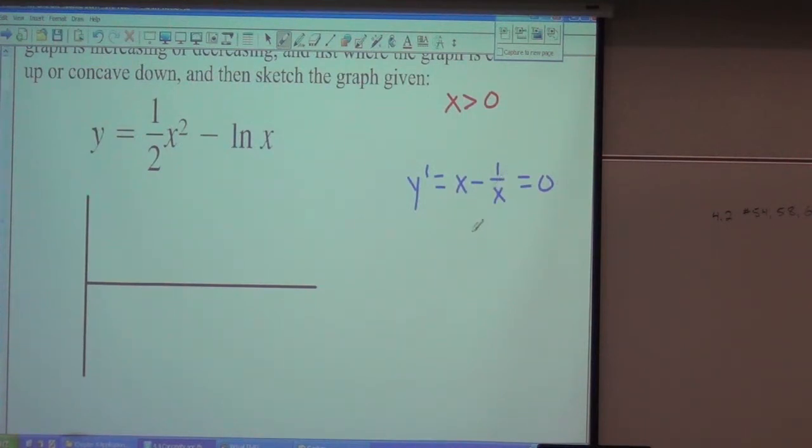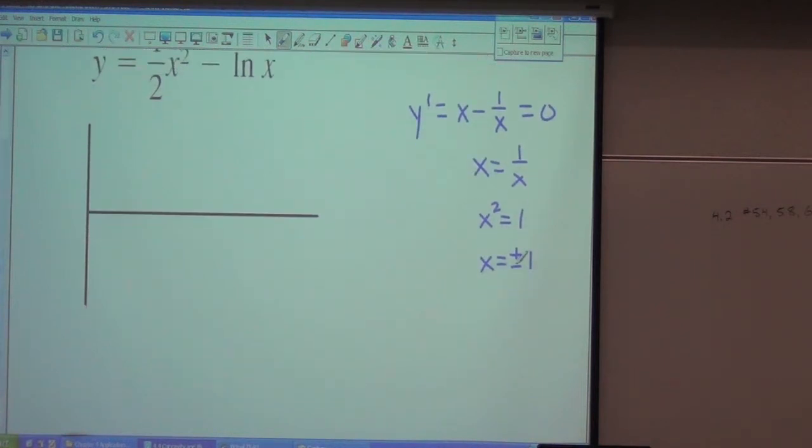If I bring the 1 over x over, I'll get x equals 1 over x. Cross multiply, I'll get x squared is 1. So x is going to be plus or minus 1. Now, we could throw out the negative 1, because we're only dealing with numbers greater than 0. So we can go from 0 to 1, and then 1 to infinity.